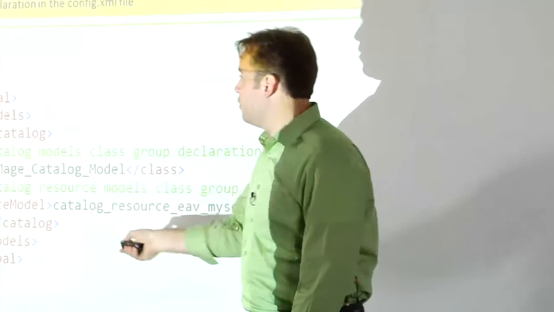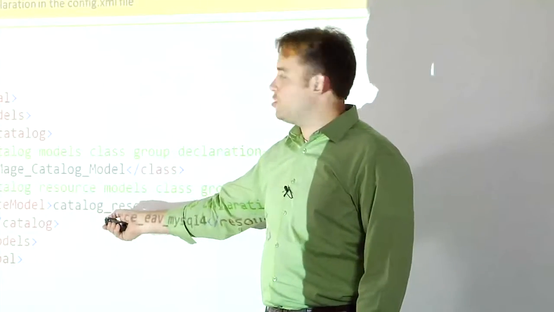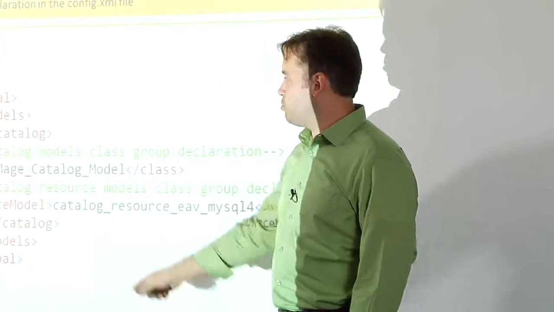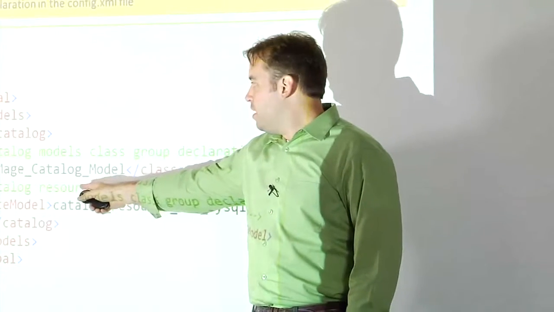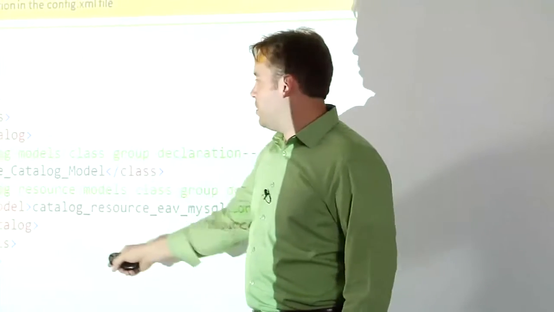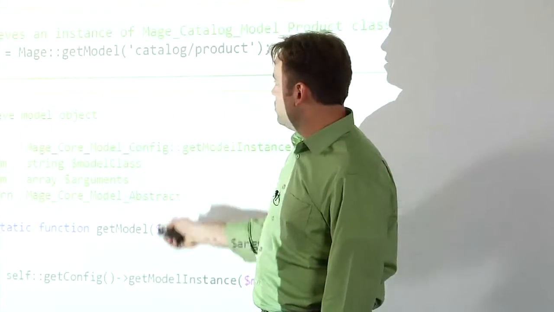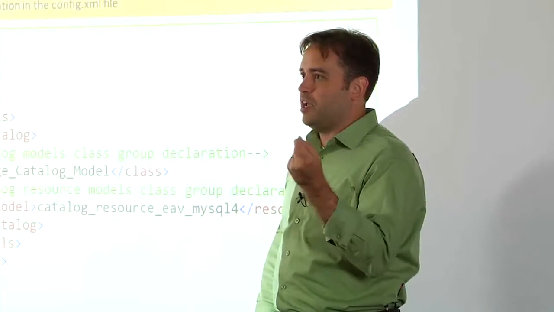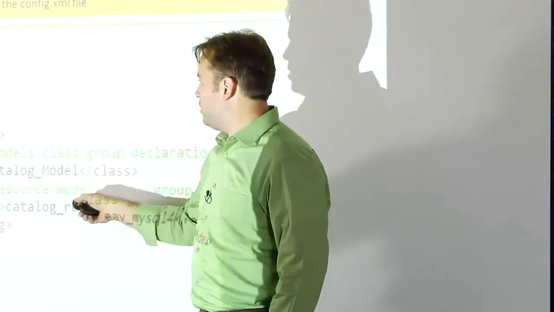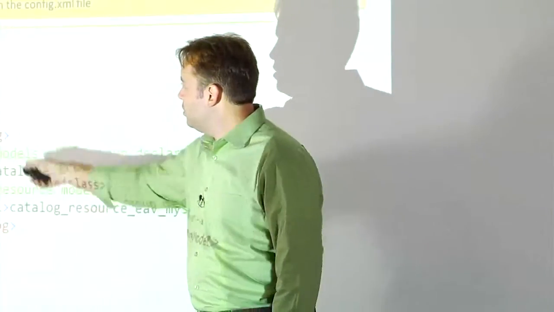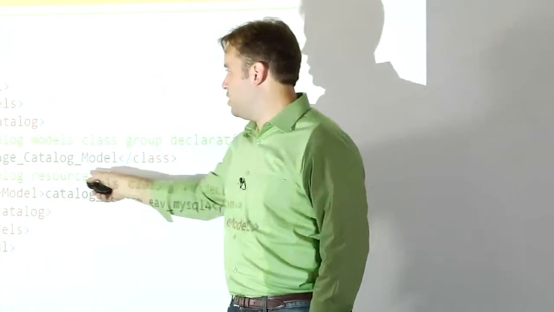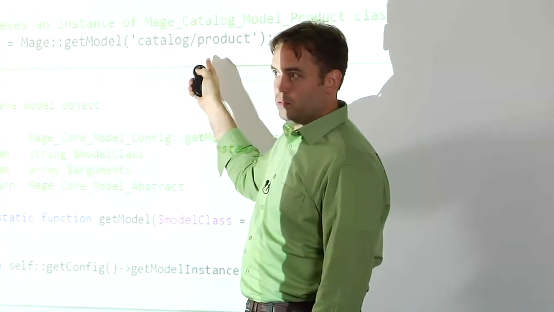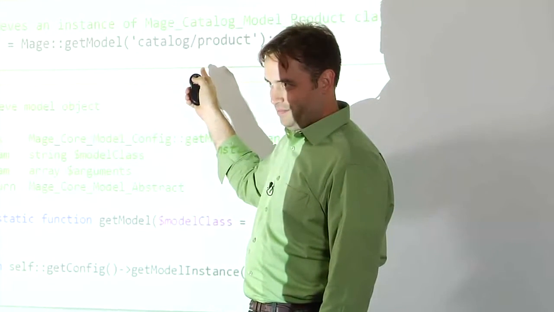And then in there, a node named class, which specifies this class prefix. So this becomes the first part of the class name. If I have product here, then the system is going to try and instantiate a class, Mage_Catalog. It's going to match catalog under here and try and instantiate Mage_Catalog_Model_Product, with a capital P.